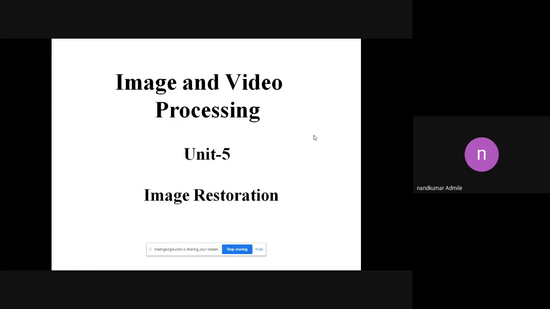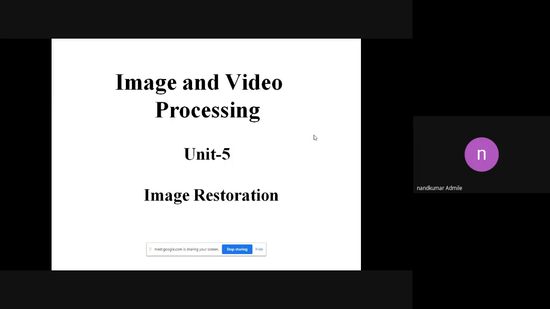So in the last lecture, we started our unit number 5, which is called image restoration. In simple words, we can define image restoration. An image is a two-dimensional function which can be represented with two coordinates, an x coordinate and a y coordinate.